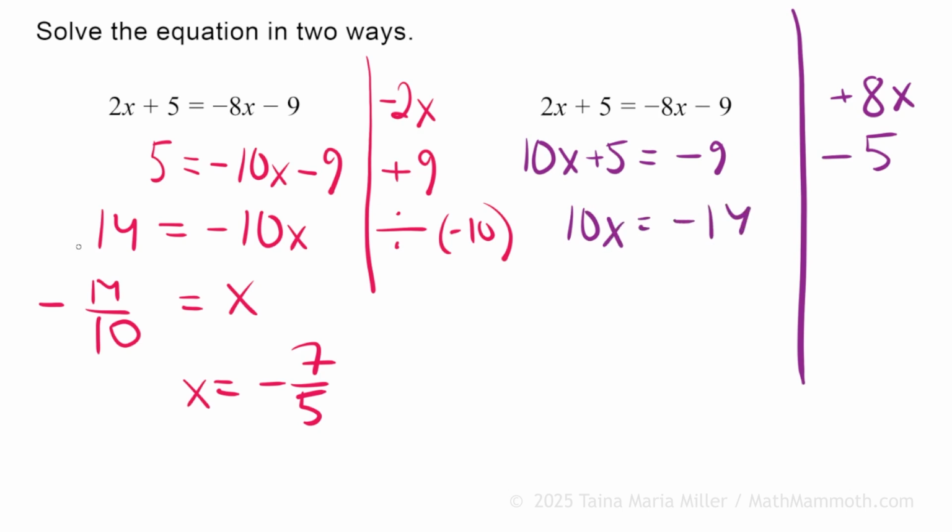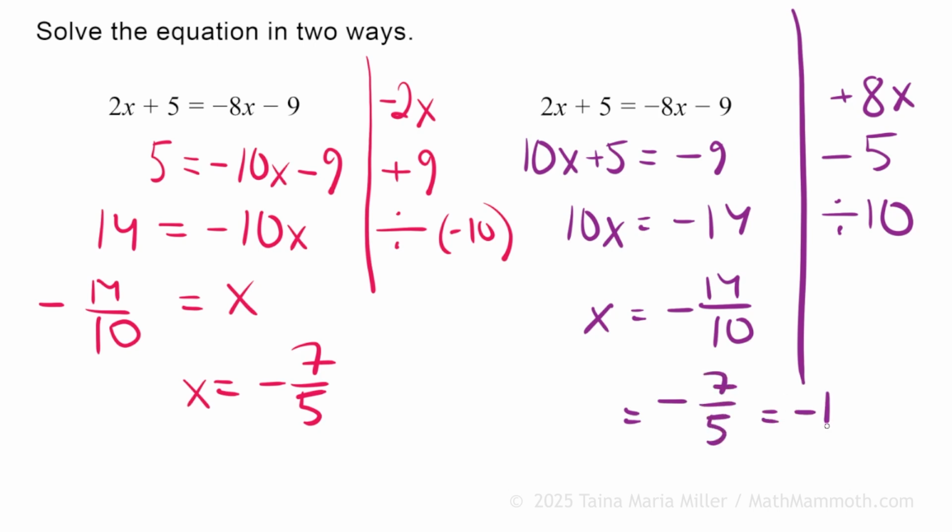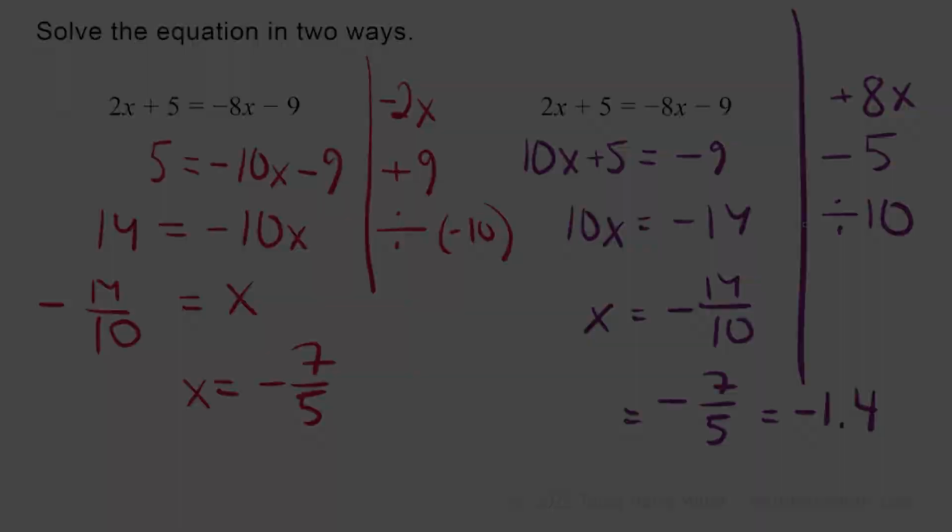That's the same one we had over here too, right? Well, almost the same. You know, the minus sign is on this side with the 10x. Here the minus sign is with the 14. Now we divide by 10 and get x equals, again, minus 14 over 10, which is negative 7/5. Or as a decimal, minus 1.4.